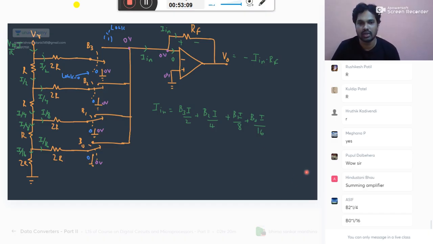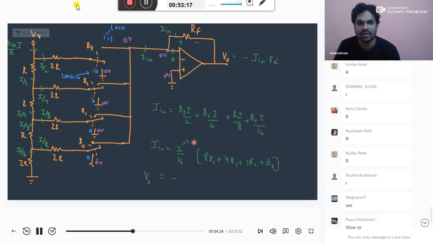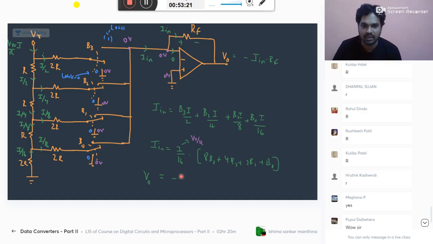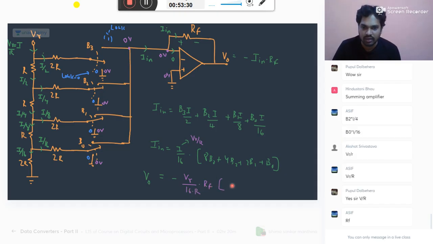So now again, what is your IN? You take I by 16 common. What is I? VR by R. Substitute it: minus VR by 16 into R into RF into 8B3 plus 4B2 plus 2B1 plus B0.